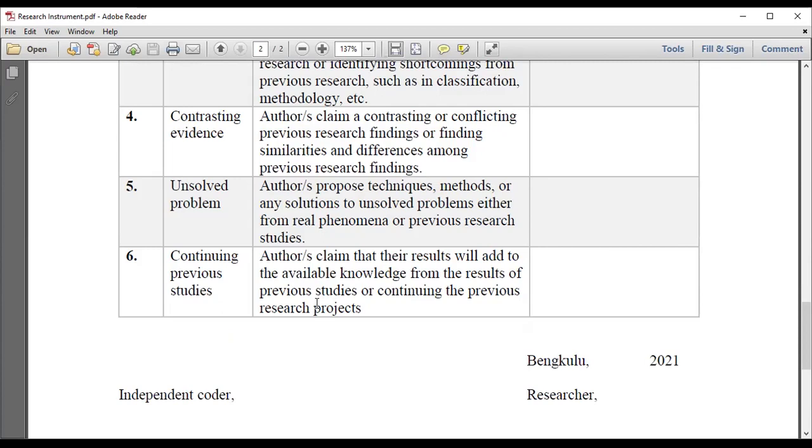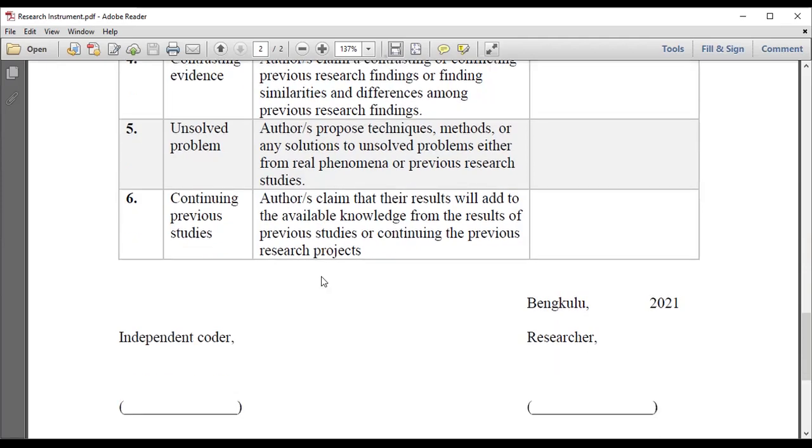And number six, if authors claim that their result will add to, continuing previous studies. If they mention that there have been studies conducted before, and this is the continuation of the study.